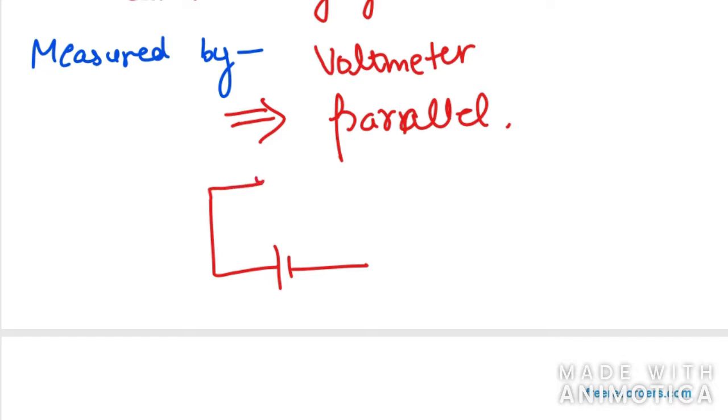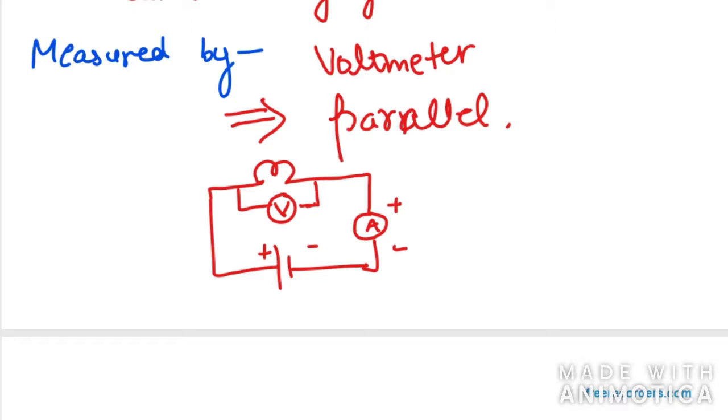If you have a bulb here and you need to measure potential difference, then you need to put a voltmeter parallel to the bulb here. It is drawn like this, a circle with a V. So this is how we connect a voltmeter to an electric circuit.